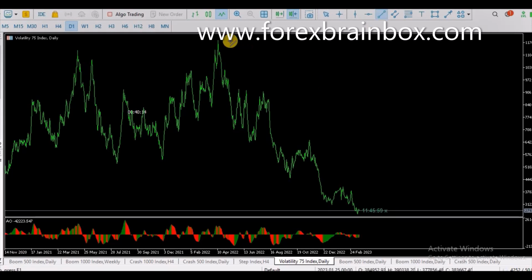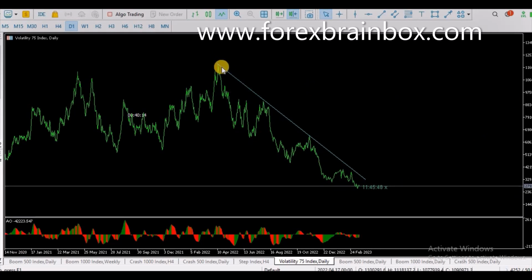You click your trend line and drag it down to connect at least 2 peaks. As you can see, there's peak 1, there's peak 2.